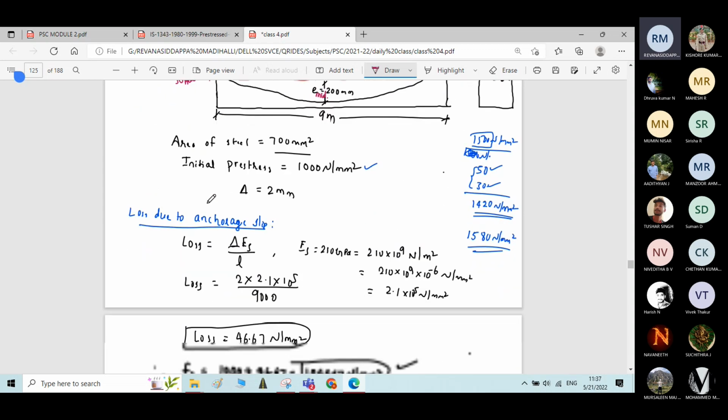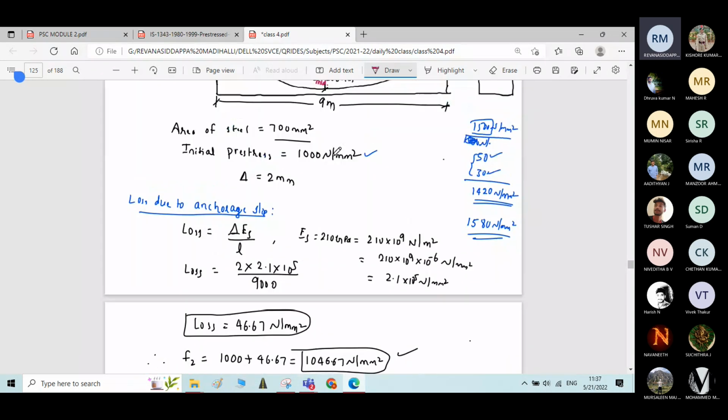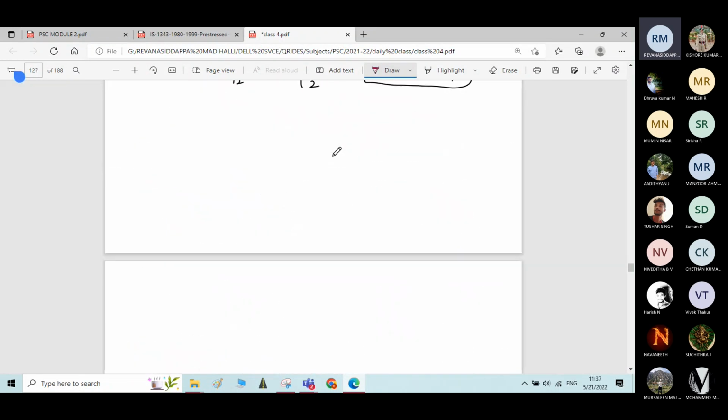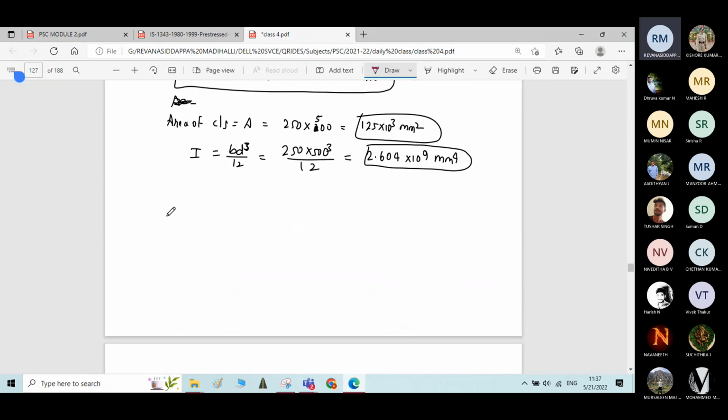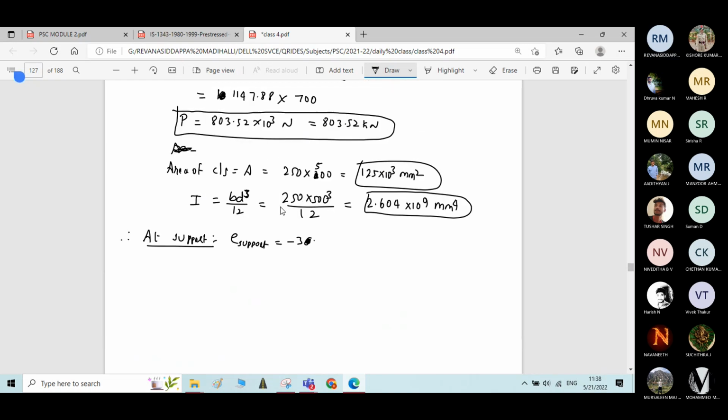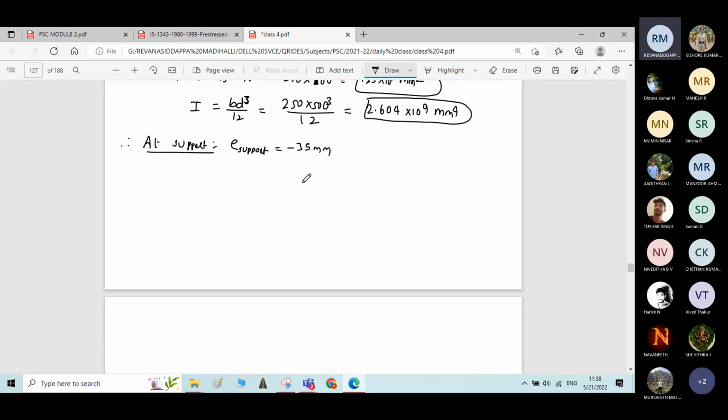Below the neutral axis it is a positive value, so you need to use the positive value. Therefore at support, the corresponding eccentricity is minus 35 mm.